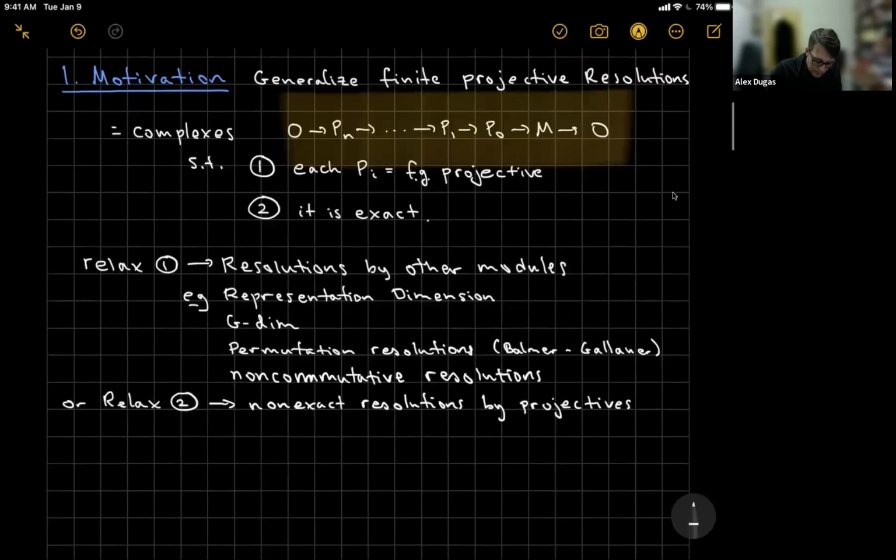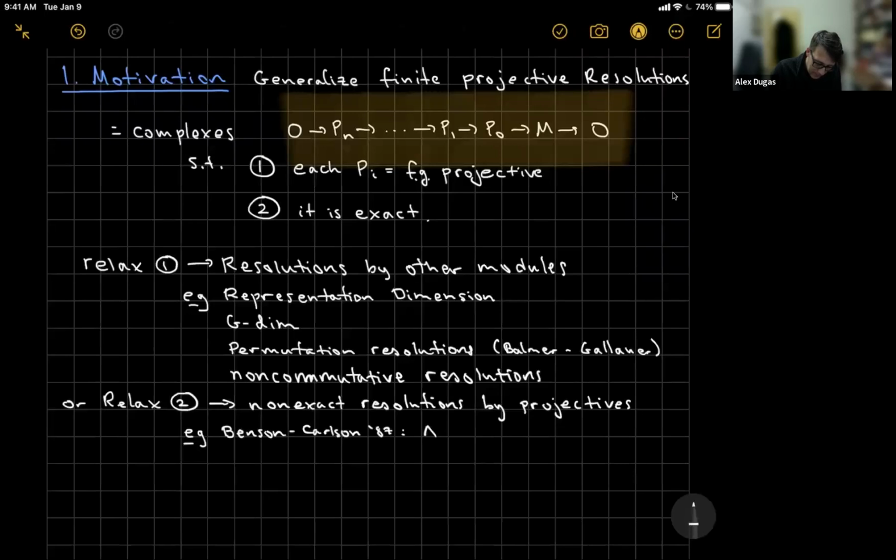Here, I'm not aware of very many instances where this type of generalization has been studied, but really the one we're focused on was introduced by Benson and Carlson way back in '87.